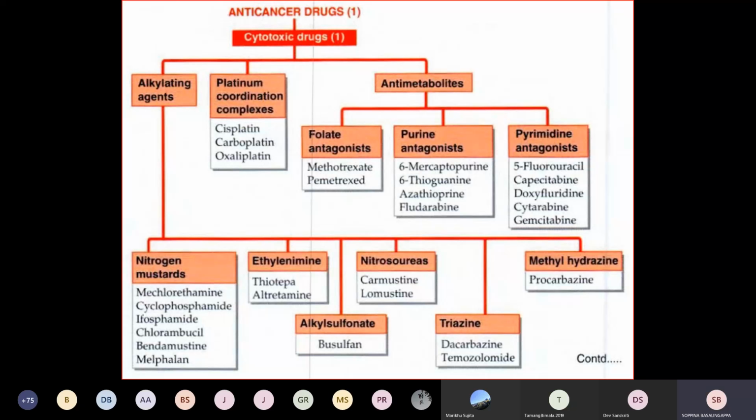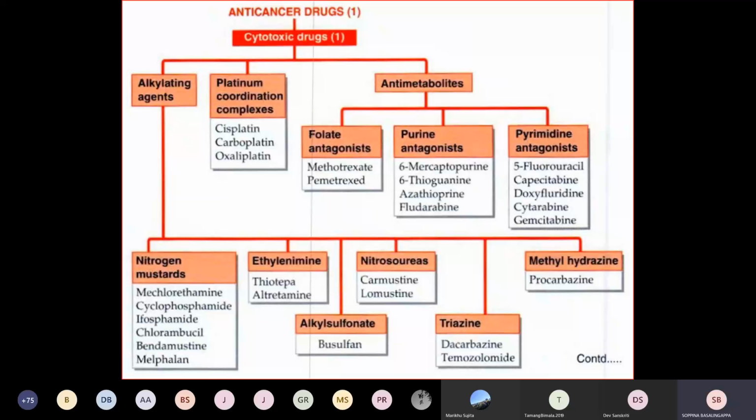Now we are coming to individual drugs. So you have already seen that cytotoxic drugs have alkylating agents, platinum coordination complexes, antimetabolites, and other groups.